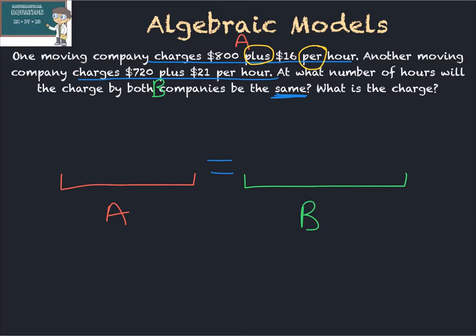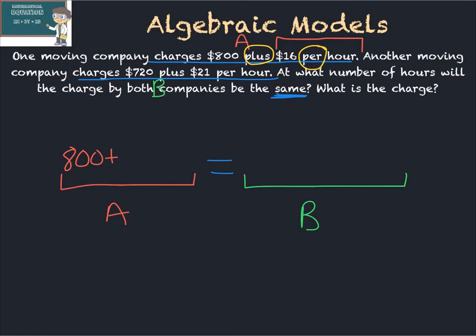We're adding 800 plus what? Well, it's the $16 per hour. Per is going to mean multiplication. Hour, well, we don't know how many hours yet. We're trying to figure out how many hours both companies would have to work in order for them to charge the same amount, but we don't know that yet.